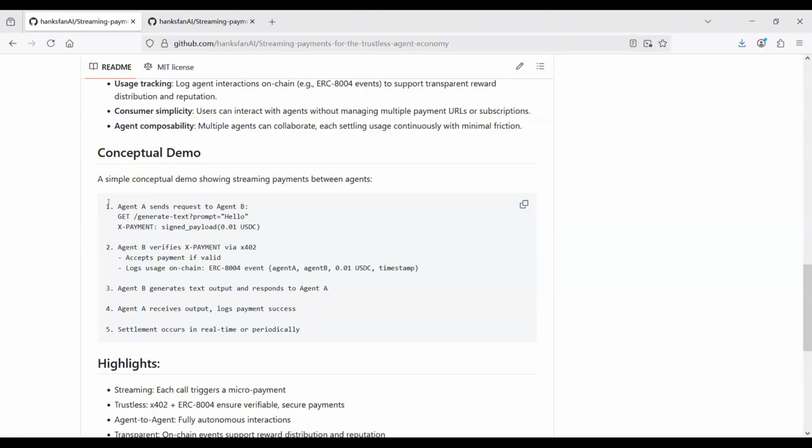And here, in this demo, it seems that agent A sent a request to agent B, and at the same time, the payment requirement is made at the same time. Okay, got it. So it's just pay by use. Yeah.